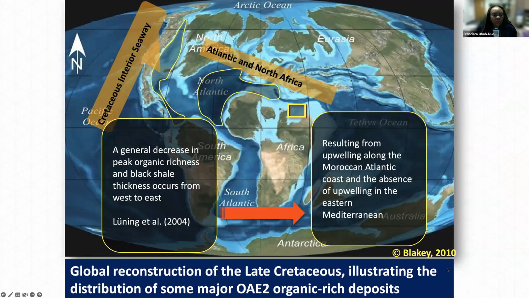So what we were trying to understand here was why we had some of those black shales, and to see if we could recognize oceanic anoxic event 2, which is called the Bonarelli event, which had not been recognized in that particular field.